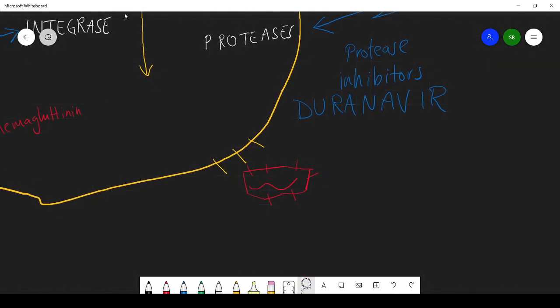And this attachment has to be cut, and it's done by neuraminidase.